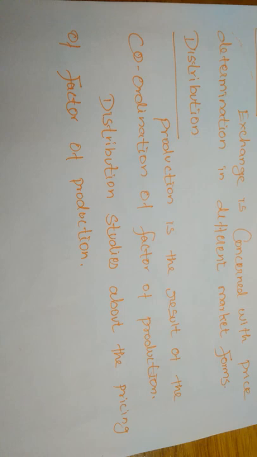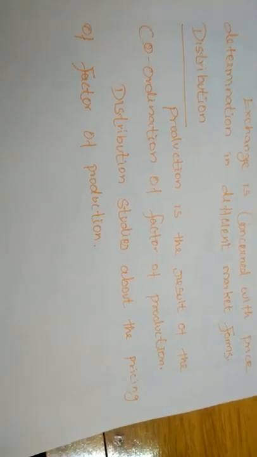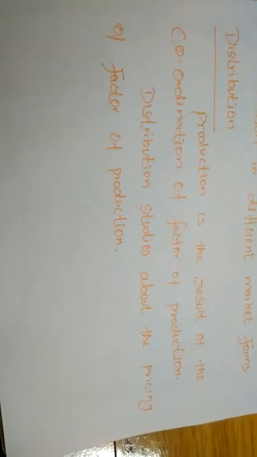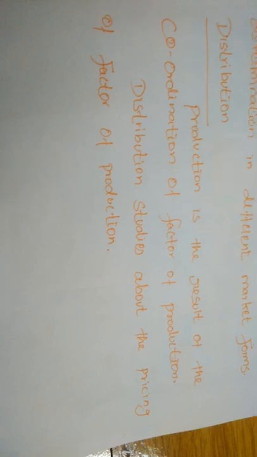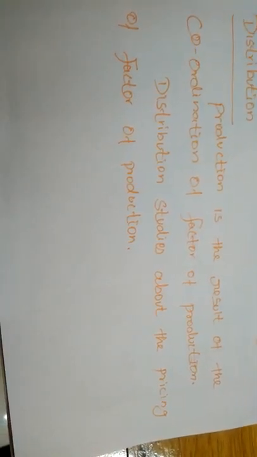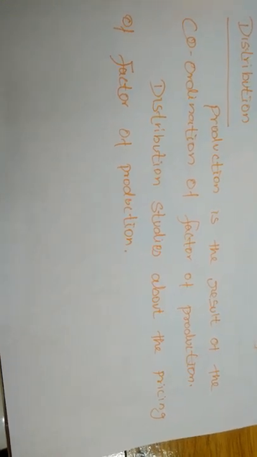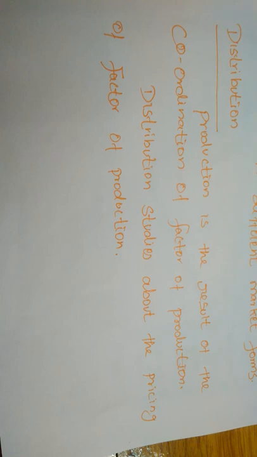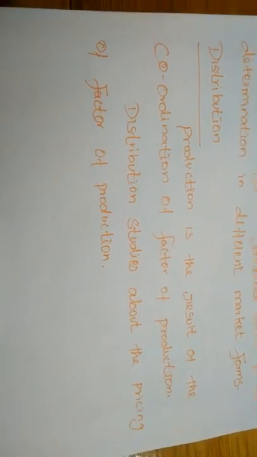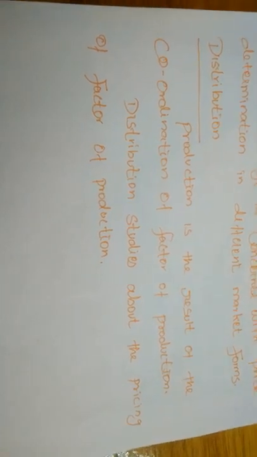Not only that, distribution studies the pricing of the factors of production. For the purpose of producing, the producers provide remuneration to their factors of production in the form of wage, rent, profit, and interest, according to labor, land, capital, and organization.